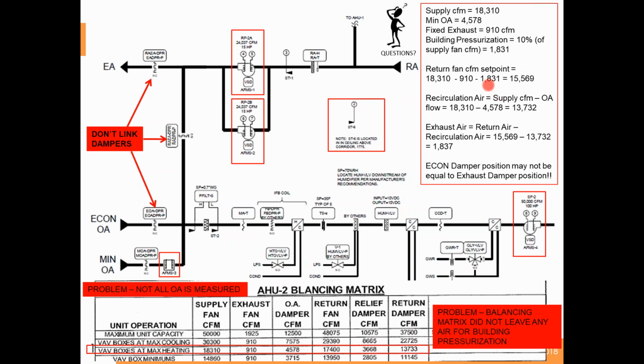We've got to leave some air in for the building. So we've got 15,569. That's what would have been over here for the return fan. That's how we realized that they had missed that. The sequence said they wanted building to be positively pressurized. They just don't have it in their matrix.